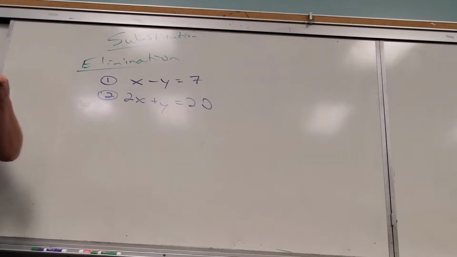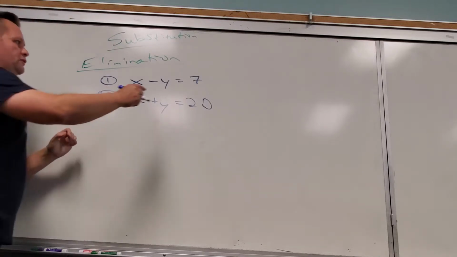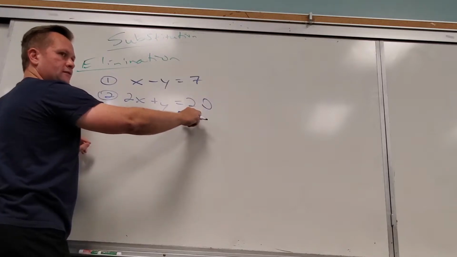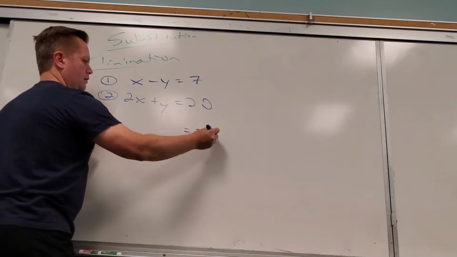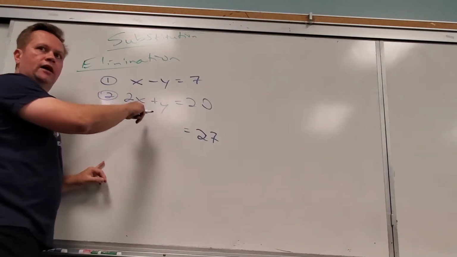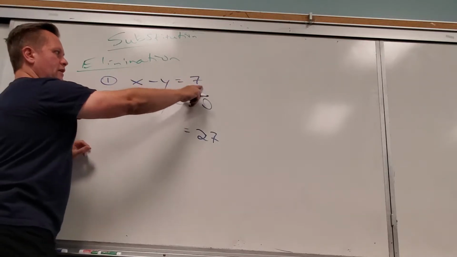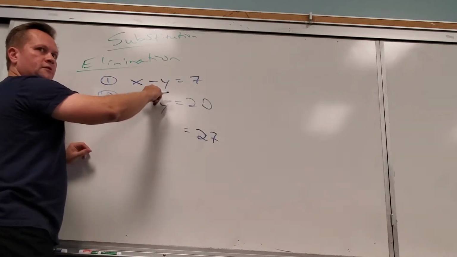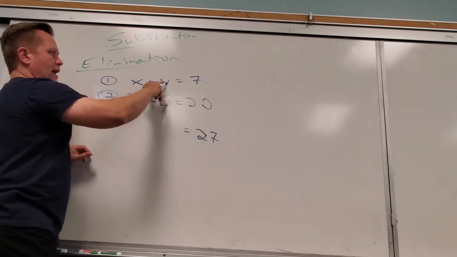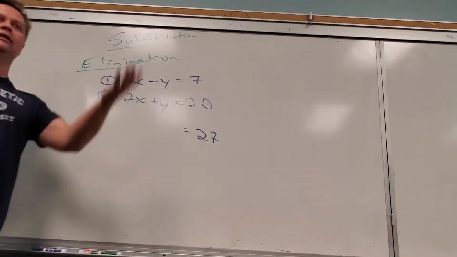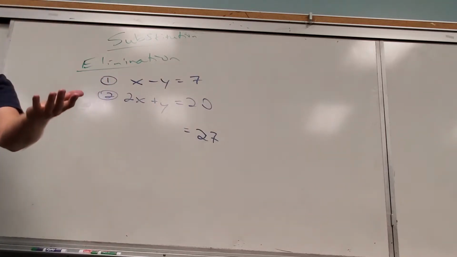So here's the elimination method. Whatever I add to one side, what do I have to do to the other side? Add the same thing. So for example, if I add 7 to this, I have to add 7 to the other side, right? But isn't 7 equal to this? So if I add 7 to this side, I can add this to this side, and I did do the same thing to both sides.